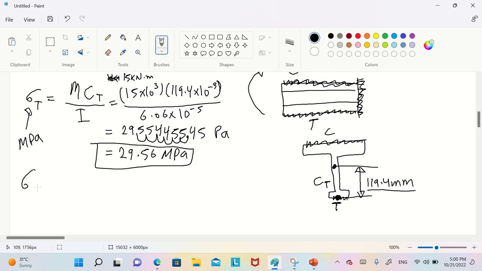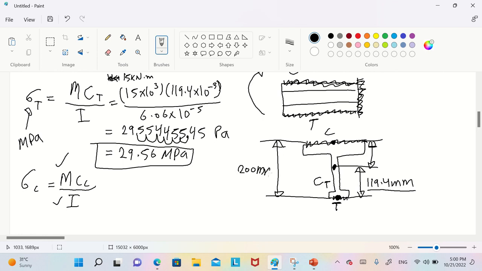Now for the compression, moment over I. We have the moment, we have the moment of inertia. Now we want the center of the compression, the center of the whole thing to the maximum compression. As you remember, we have the 200 for the whole height, 200 millimeter.